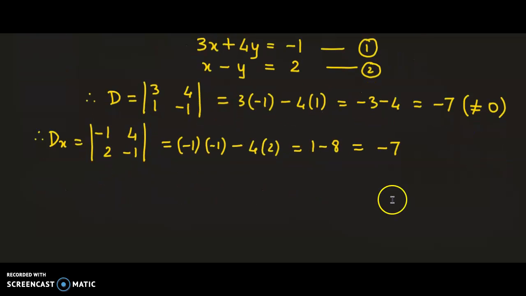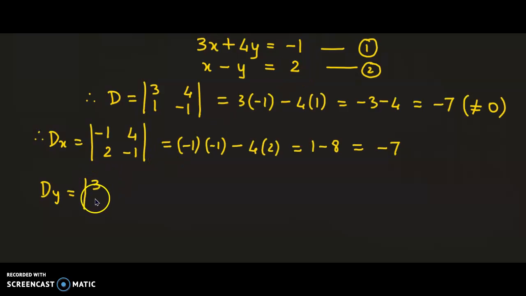And lastly, we obtain Dy. Now for Dy, we replace the coefficients of y in the determinant D. So these are the two coefficients of y, 4 and negative 1. These are replaced by the constants minus 1 and 2.